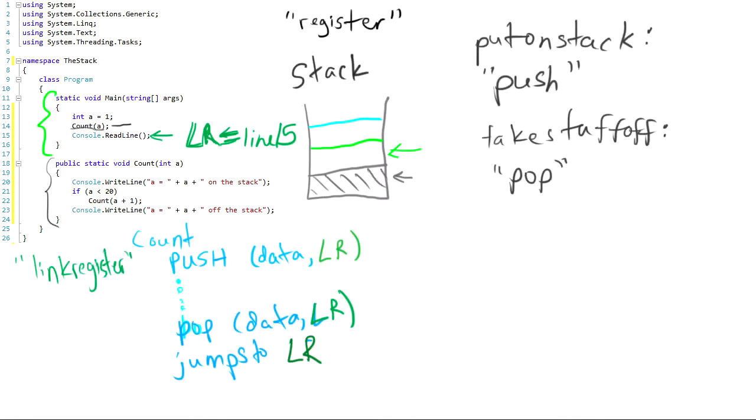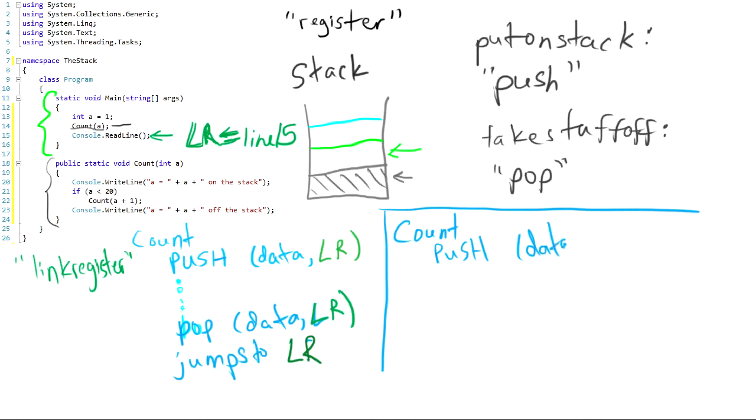Now in the case of recursion, we have count in this particular case, and then you push your data and your link register, do your stuff, but then you call yourself.